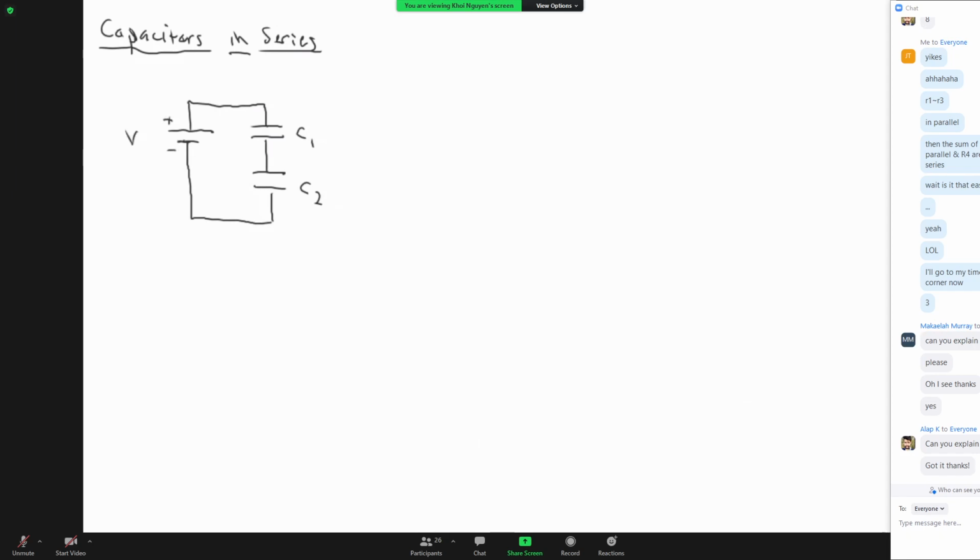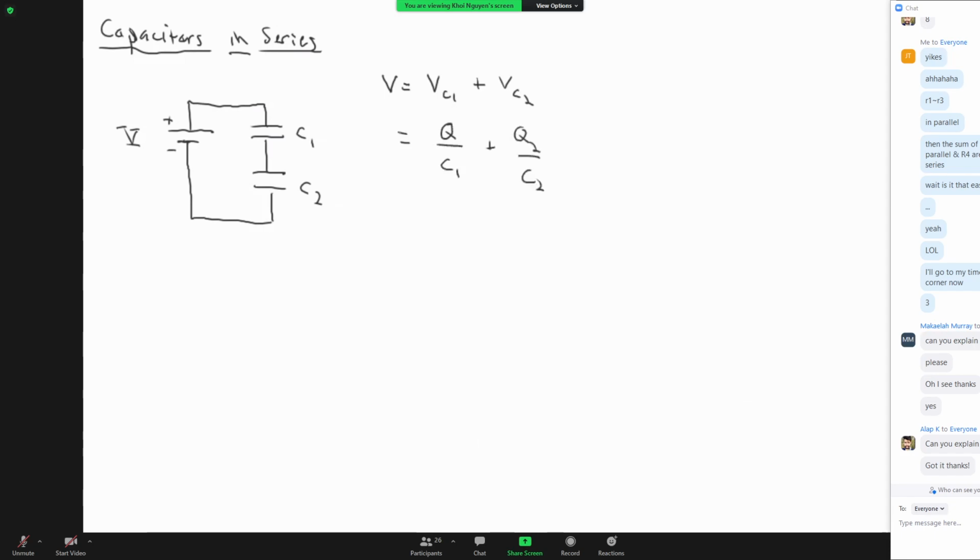So here's the voltage. So the voltage as we go around in one loop is equal to the voltage across capacitor 1 plus the voltage across capacitor 2. And the voltage is simply the charge over C1 plus the charge over C2.